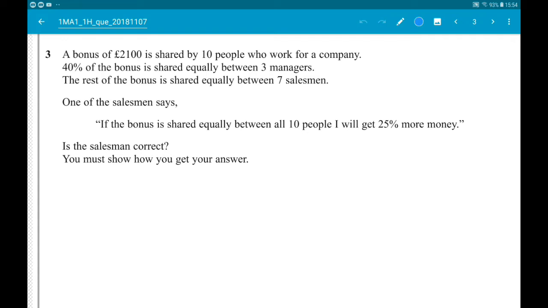Okay, so let's go through it in the order it's in. So let's first of all find out 40% of 2,100. So 10%. In fact, we don't even need to do that. Let's find 10%. So 10% of 2,100 is £210.